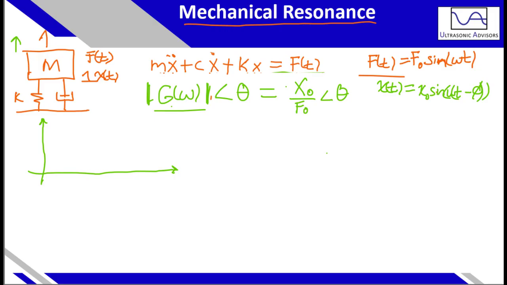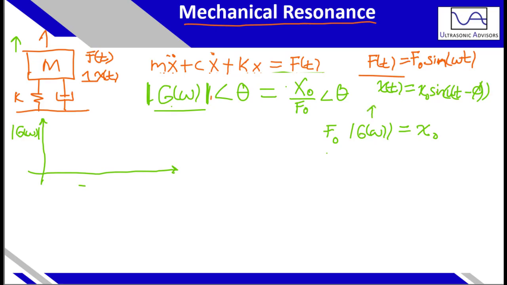So we have our transfer function, and we'll write that with absolute value bars. So again, if you multiply a force, a force times the transfer function, is going to give you your amplitude.